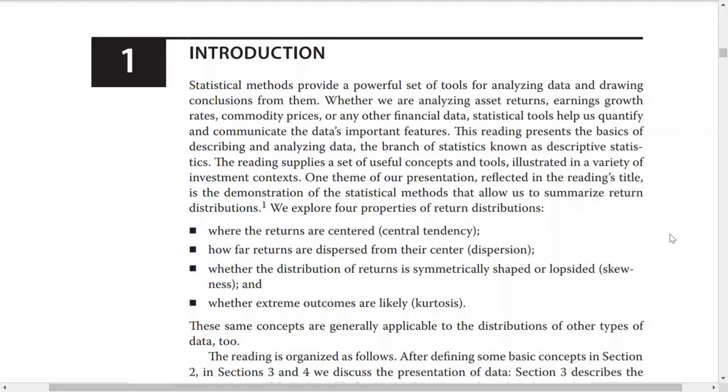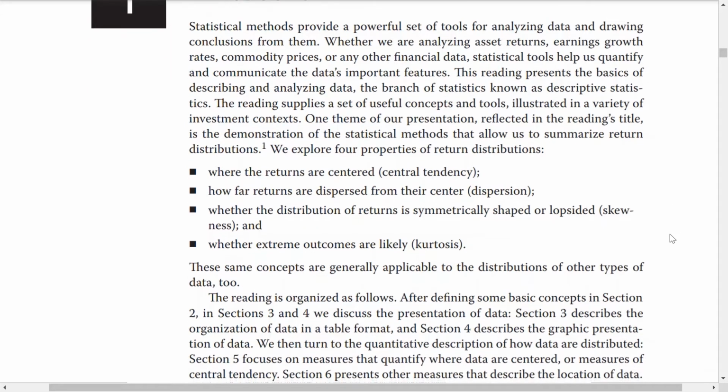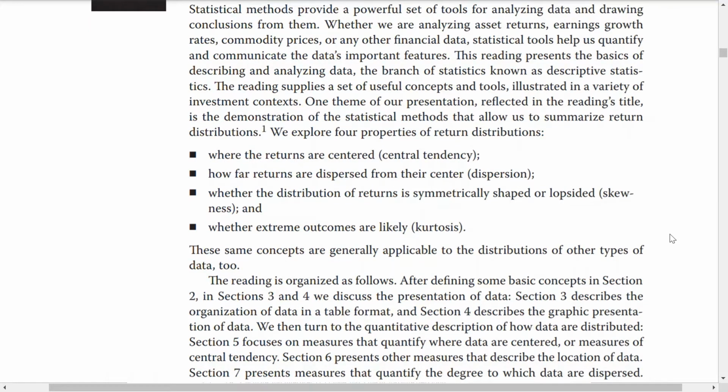One theme of our presentation, reflected in the reading's title, is the demonstration of the statistical methods that allow us to summarize return distributions. We explore four properties of return distributions: where the returns are centered, that is the central tendency; how far returns are dispersed from the center, that is what we call the dispersion; whether the distribution of returns is symmetrically shaped or lopsided, that is the skewness; and whether extreme outcomes are likely to occur, that is the kurtosis.